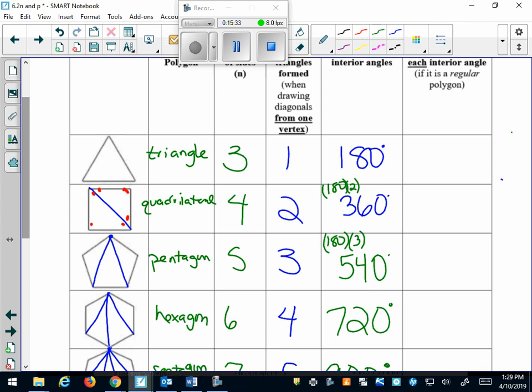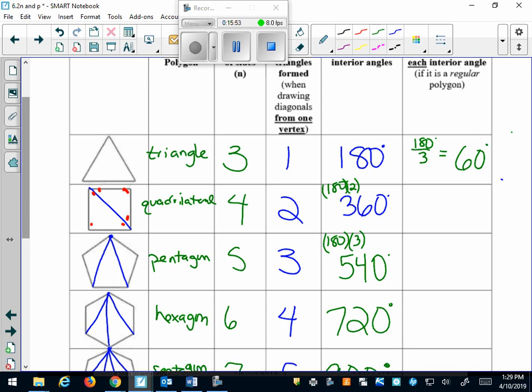So in this column, if I have a triangle, it's 180 degrees total. If I split that into the three angles equally, how many degrees will each angle be? 60 degrees.